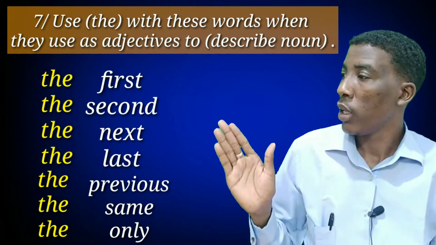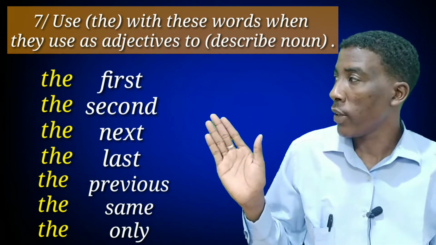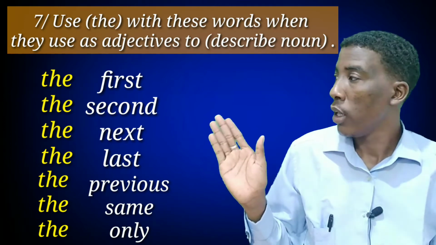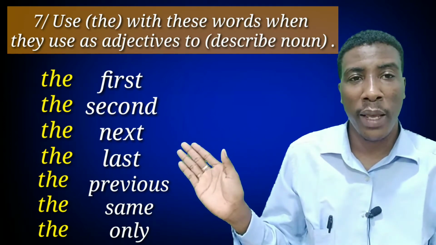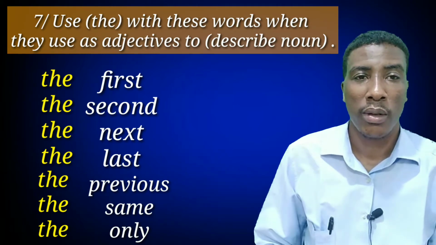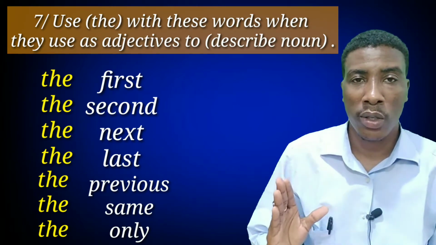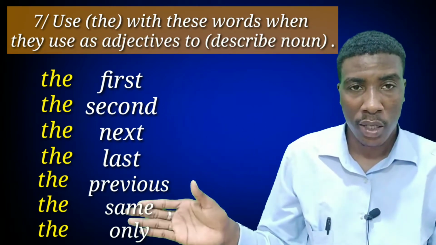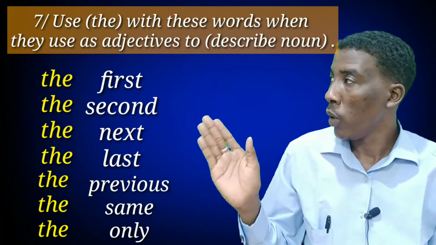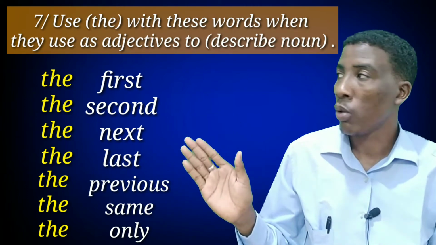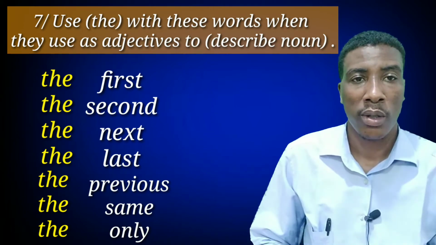The first, the second, the next, the last, the previous, the same, the only. So we use the with these words when they are used as adjectives to describe a noun.